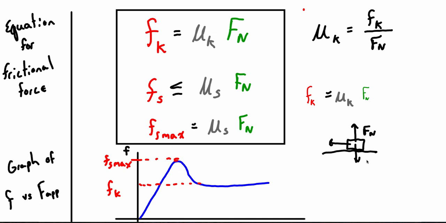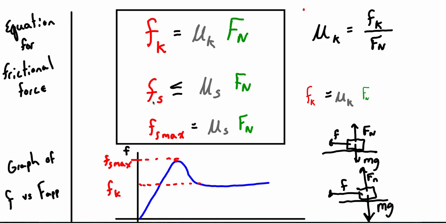In this case, let's say F of n is equal to mg, and that gives me a certain frictional force. Well, if I increase the normal force, and I would do that in this case by increasing mg, this in turn increases my frictional force, which is what you would think: if you have a heavier object on two surfaces, then the frictional force will increase as well.